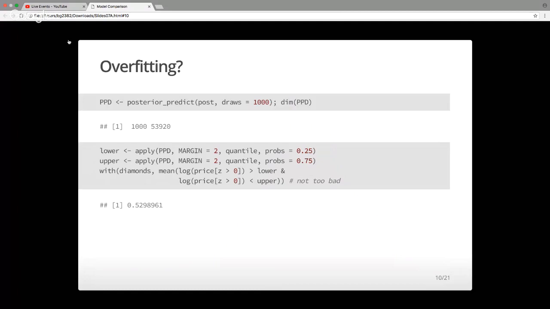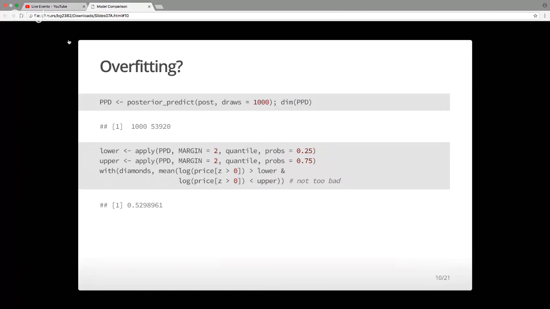With wild data, it is possible to overfit or underfit. However, you should always be able to tell which is the case by evaluating predictions of your posterior distribution conditional on the wild data. So we call the posterior predict function.